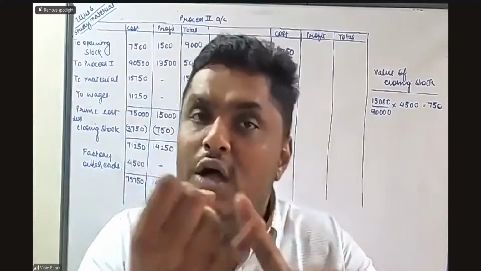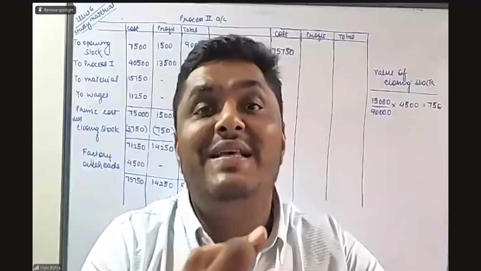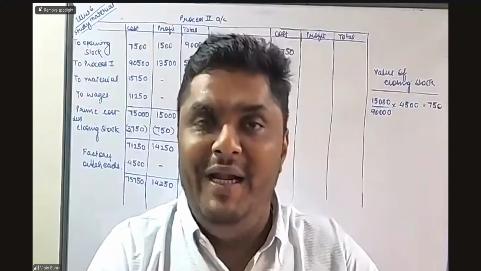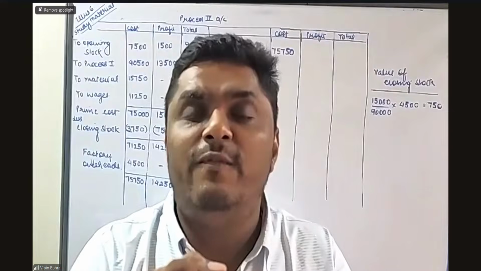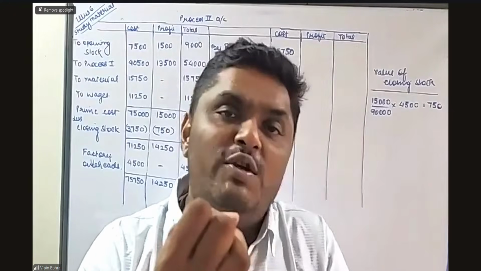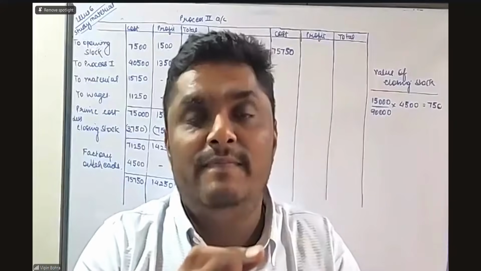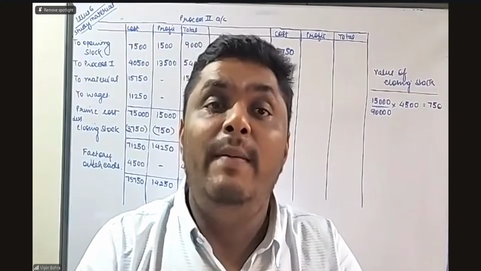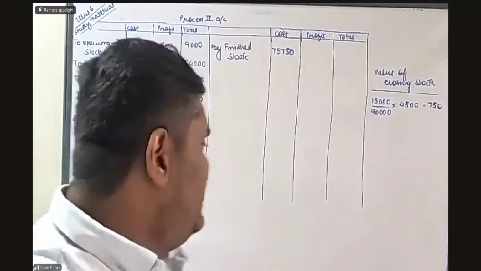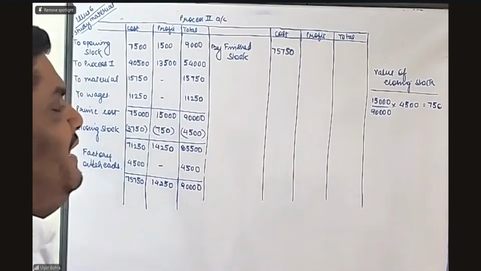That is the cost of process first plus the profit of process first plus the cost of process second. So here, till date, from process second perspective, the cost is 90,000.